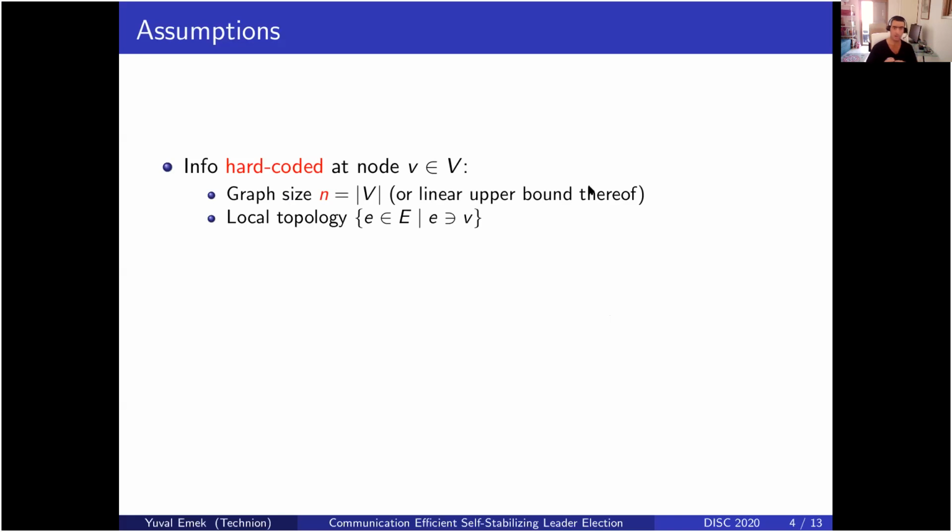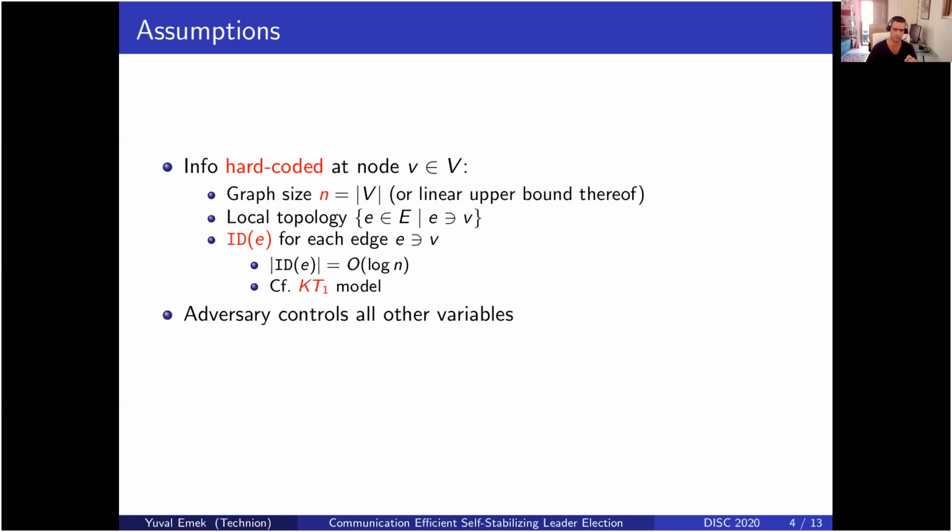It also includes the local topology of the node, so the node knows the edges incident on it. And we also assume that each edge in the graph is identified with a unique identifier of size order log n bits, and that this identifier is known to both endpoints of this edge. This can be thought of as a slightly weaker version of the KT1 model.